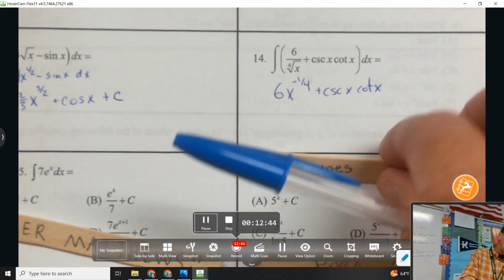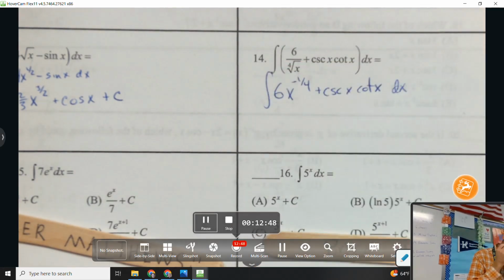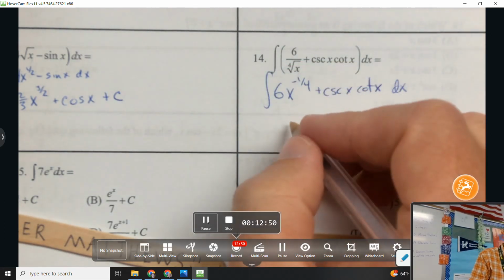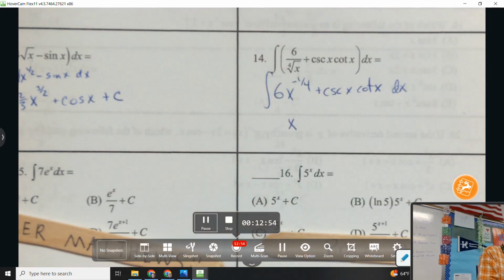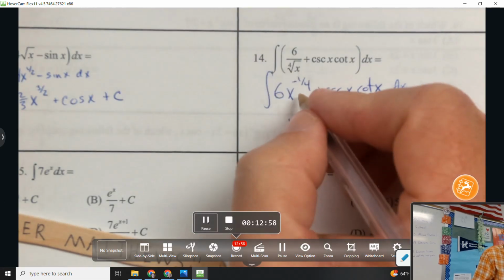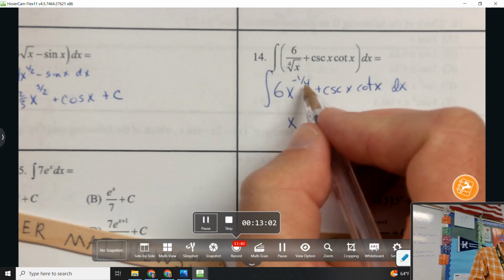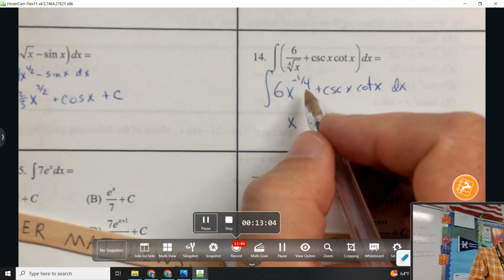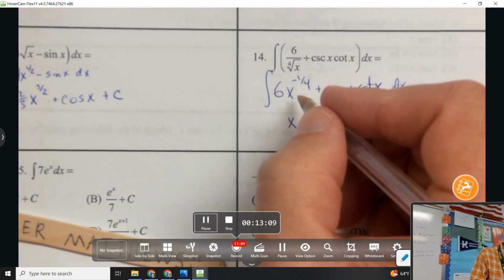All right, Mia, what's the antiderivative of all of that stuff? What is it? What's the power of x going to be? So I'll increase the power by 1. Up the power by 1.